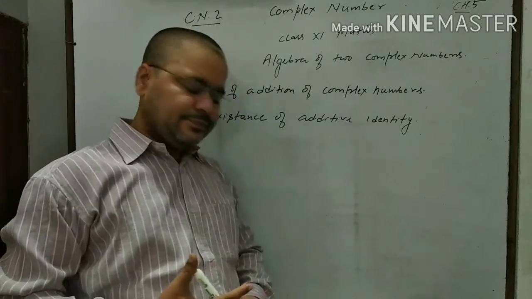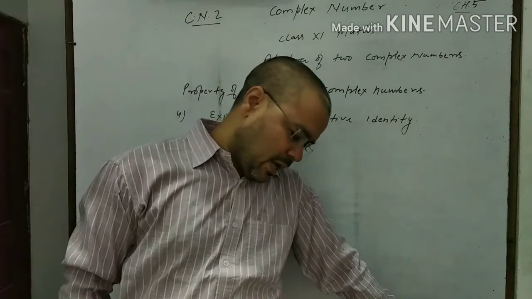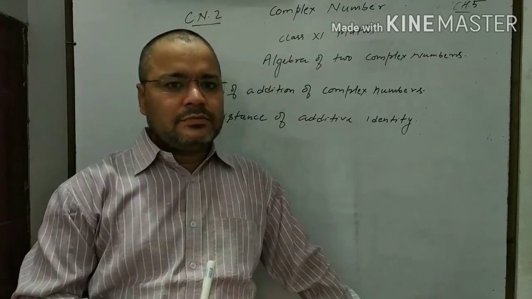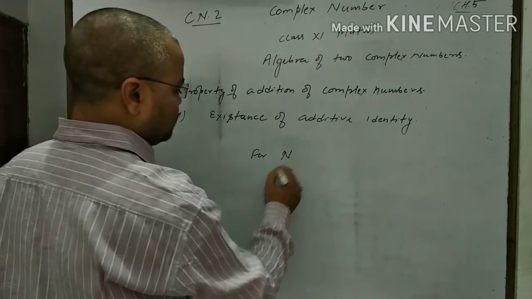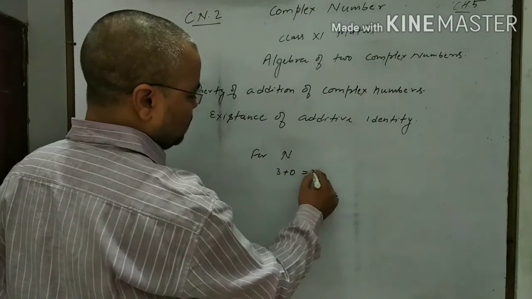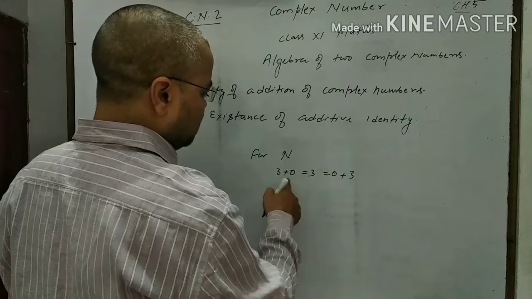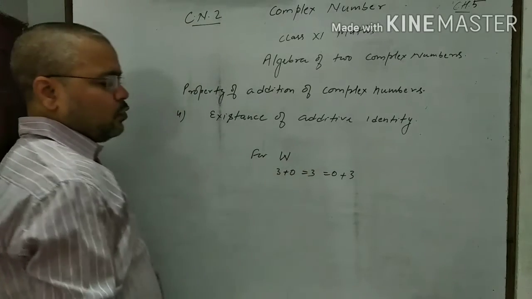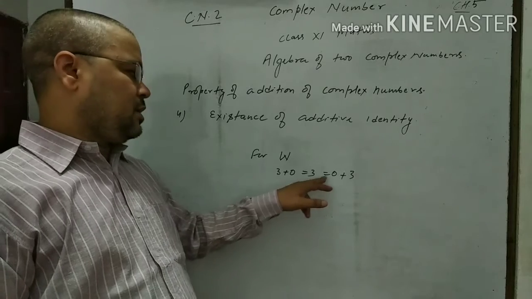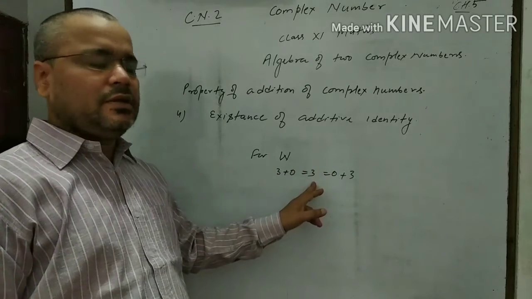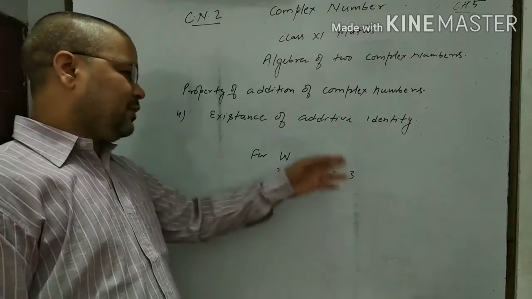Dear student, let us consider whole numbers. For a whole number, 3 plus 0 is equal to 3, and 0 plus 3 is also equal to 3. It means 0 is the number which, when added to any number, has no effect on that number.